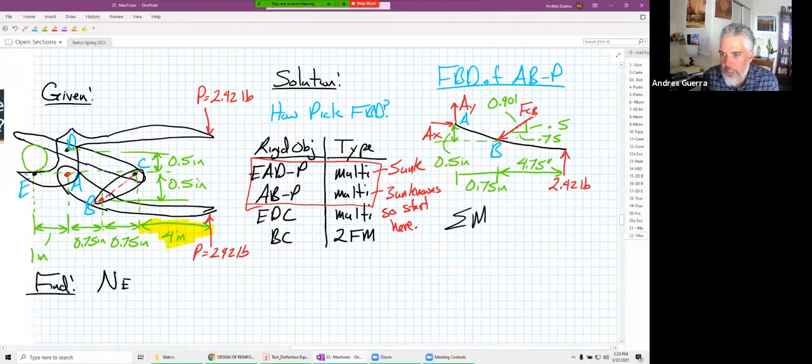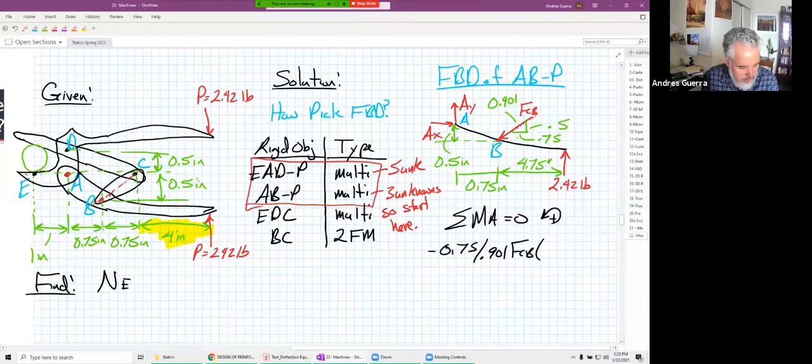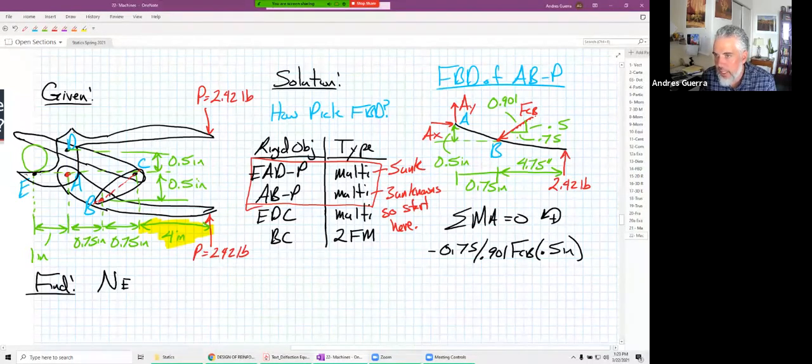We can sum moments about A equal to 0, and we're going to be able to find FCB. We'll make counterclockwise positive. Our equation would end up with minus 0.75 over 0.901 FCB times 0.5 inches. I'm taking the X component of FCB and multiplying it times the 0.5 inches, that vertical distance there, and that's causing a negative rotation.